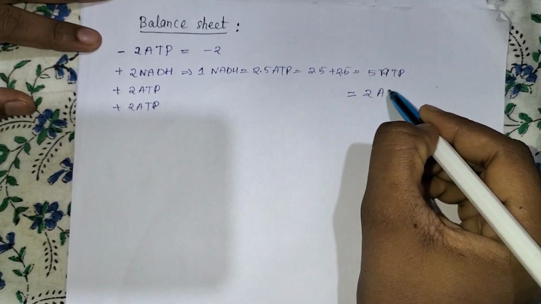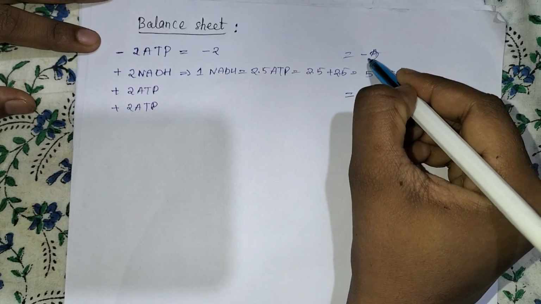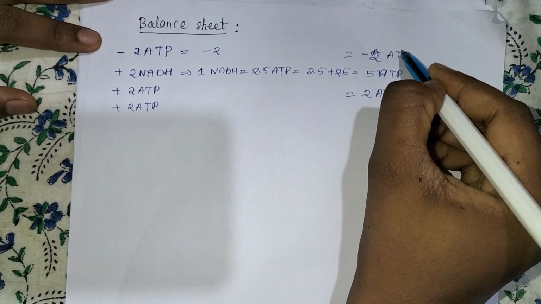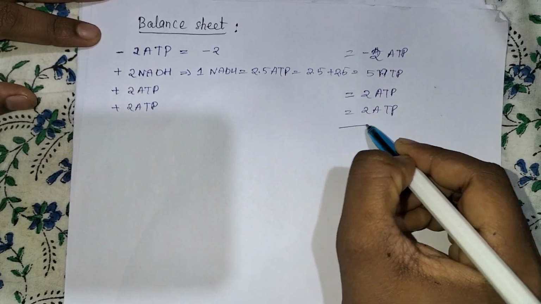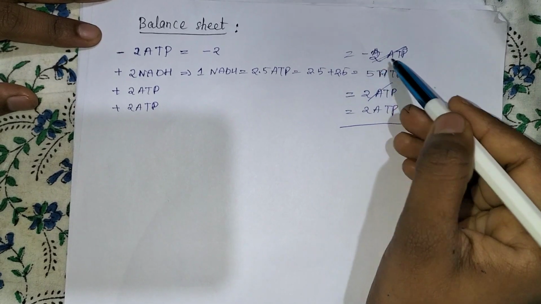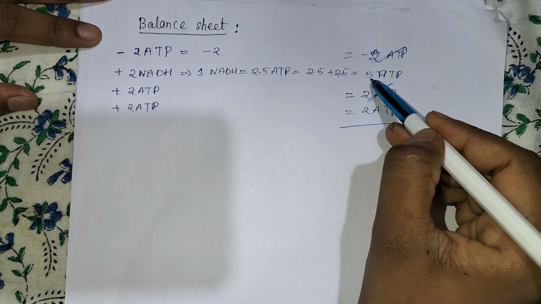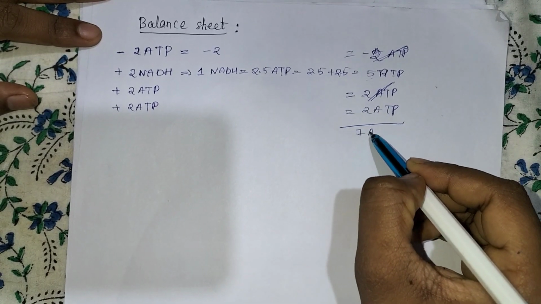Here we have to do -2 ATP, and here +2 ATP. See, just cancel this: 2 ATPs utilized, 2 ATPs produced. So totally we have 5 plus 2, 7.